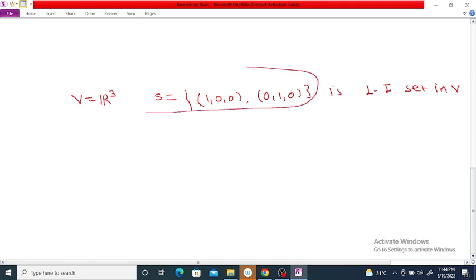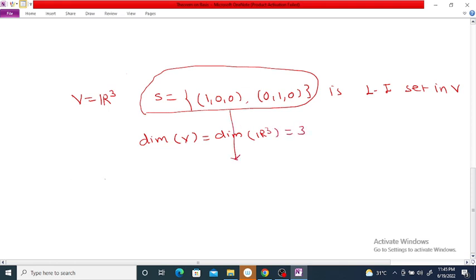Since it is linearly independent but not a basis, because it contains fewer than n vectors. What is the dimension of V here? The dimension of R cube is 3. So we want to extend this set to a basis set.